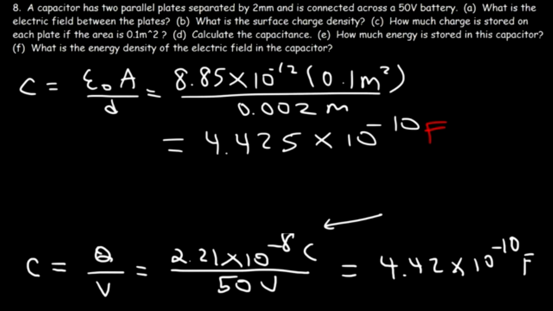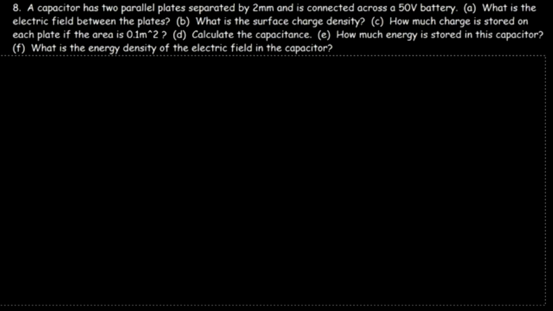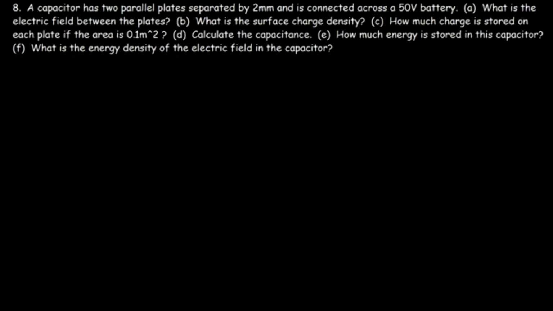Now let's move on to part E. How much energy is stored in this capacitor? So there's a lot of equations that we can use. So let's go ahead and use this equation. U is equal to Q squared divided by 2C. We've used the other forms, so let's use a different form of the equation.